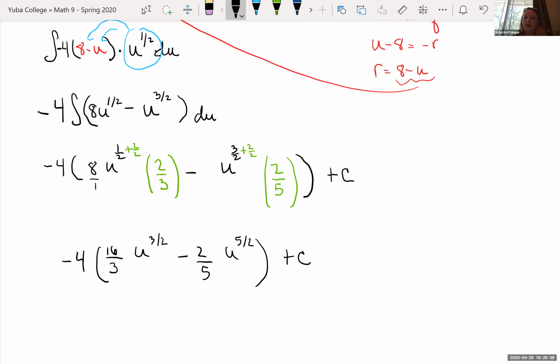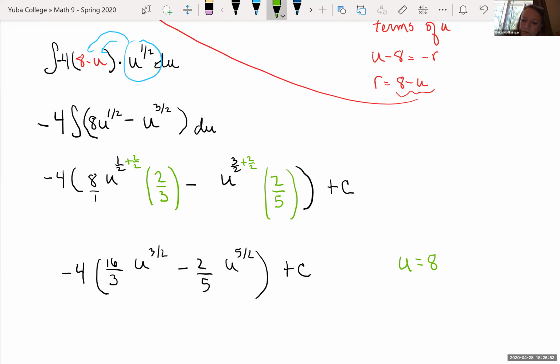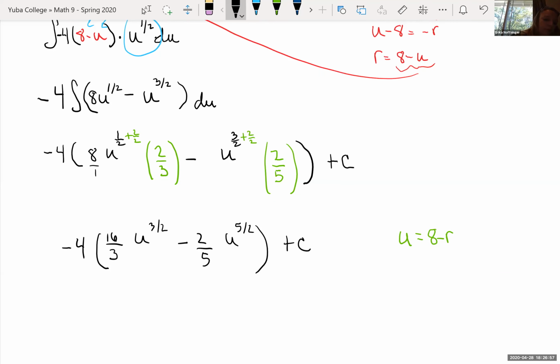Okay, so we need to go and replace what u is. u is equal to 8 minus r. I can distribute that negative 4, I don't have to. And then I could rewrite these as radicals if I want.